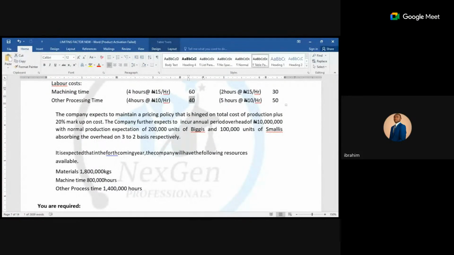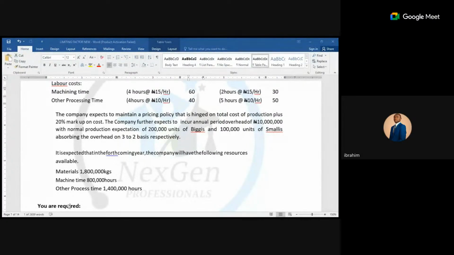When you want to produce a product, you will incur a total production cost. And what are these total production costs? Your direct labor, your direct material, your variable production, and your overhead cost. These give you the total cost of producing that product.